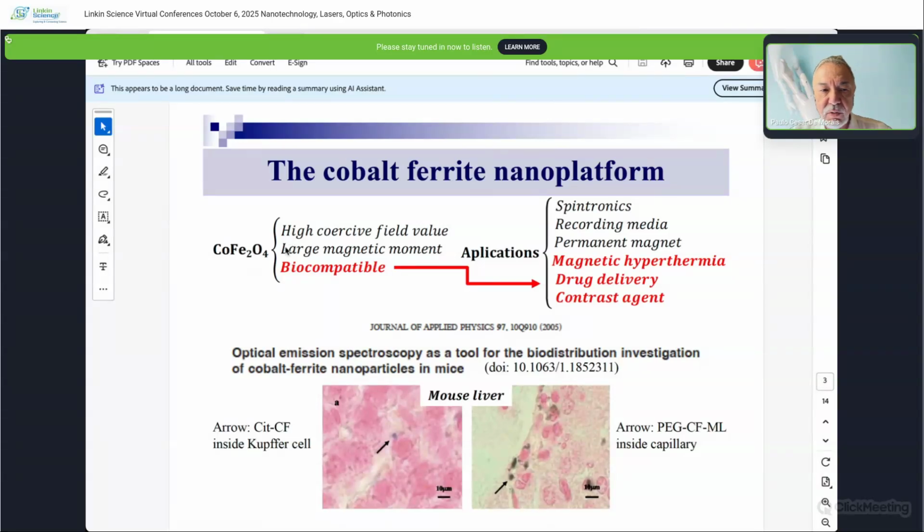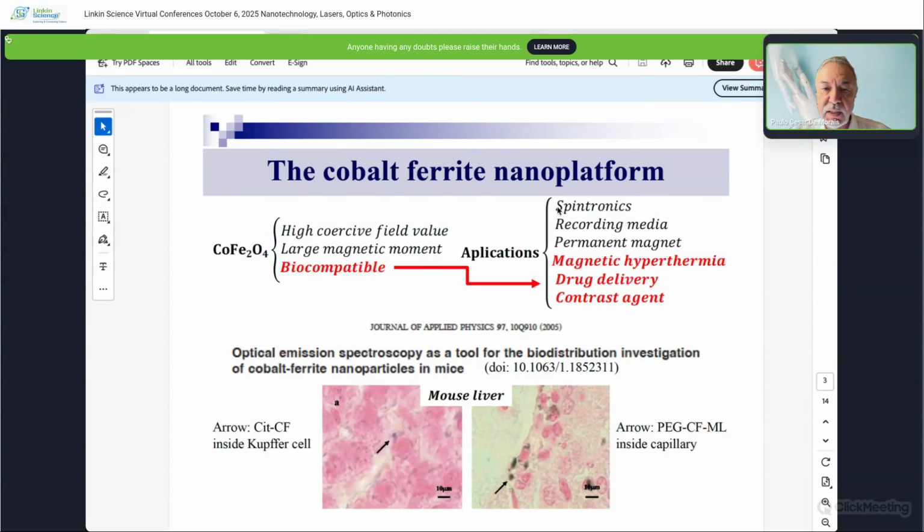Also, it is well known by the large magnetic moment, large saturation magnetization, and perhaps less well known by its biocompatibility. So, if you look at these three properties of cobalt ferrite nanoparticles, you can move to the applications.